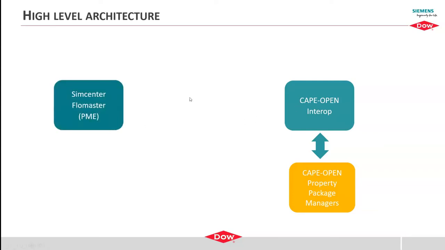This is our Flowmaster application. In this case, it is now a PME in terms of Cape Open terminology. And we implemented a layer to communicate between the Flowmaster product and the Cape Open interop.